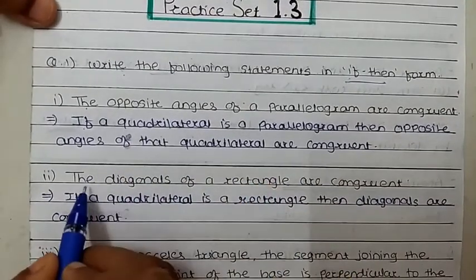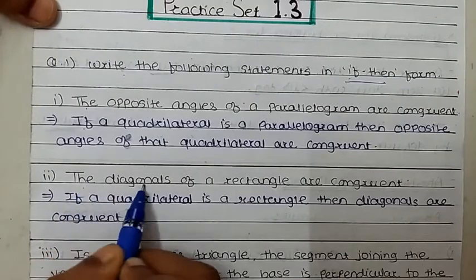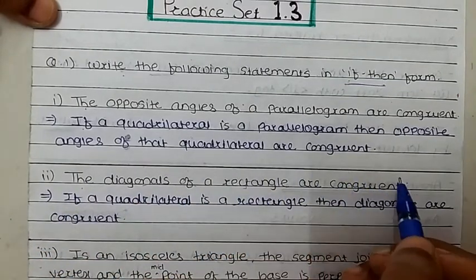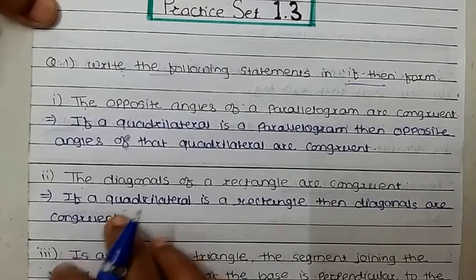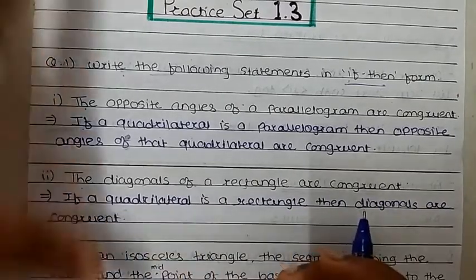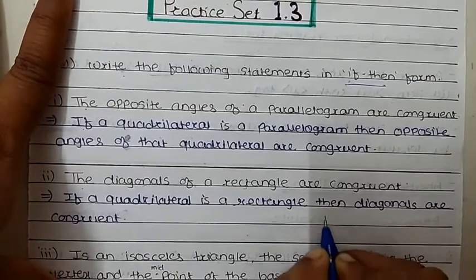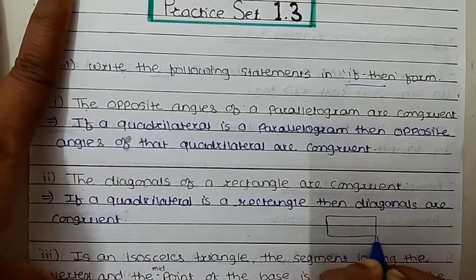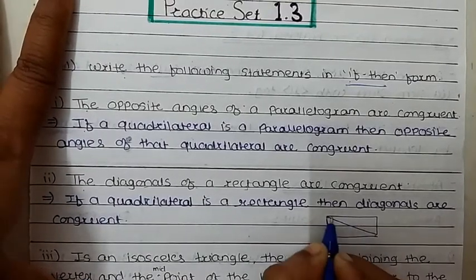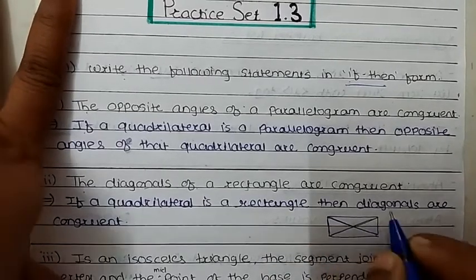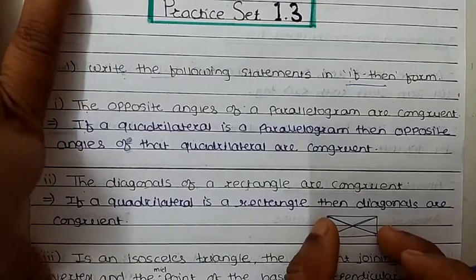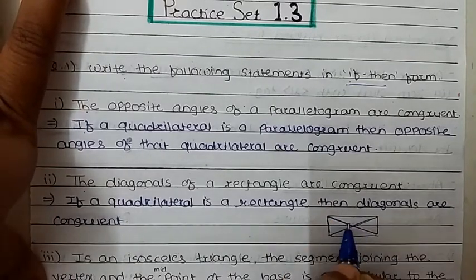Next, the diagonals of a rectangle are congruent. What is meant by diagonals? A rectangle looks like this, and diagonals are these two lines. When the quadrilateral is a rectangle, its diagonals are congruent.